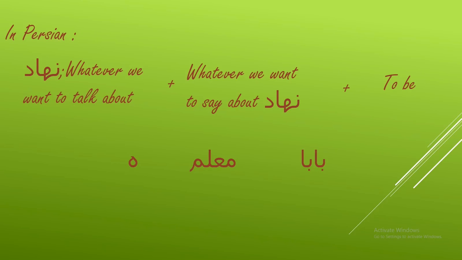For example, here we want to talk about Baba, which means father. We want to say he is a teacher, for example. So what we want to say about father? We want to say he is a teacher.